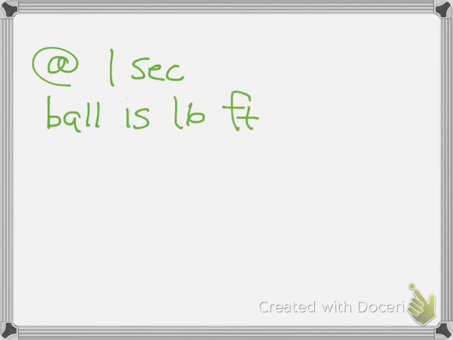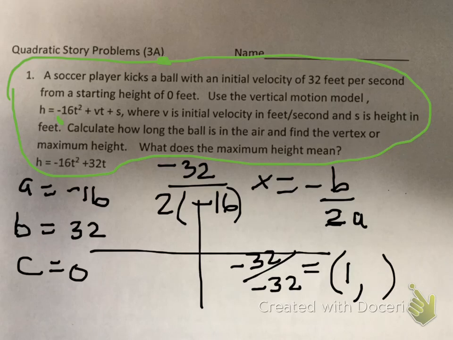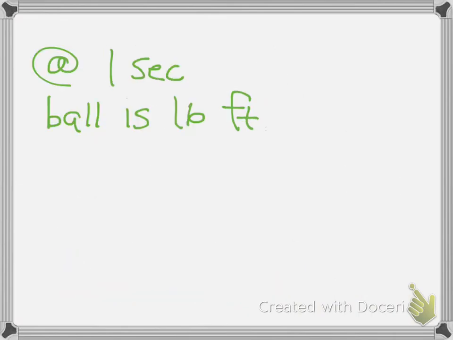Or is it meters? I don't know. You have to go back and look at the question. Feet, okay. Oh, it's feet because it's negative 16. At 1 second, the ball is 16 feet high. Okay, that's it.